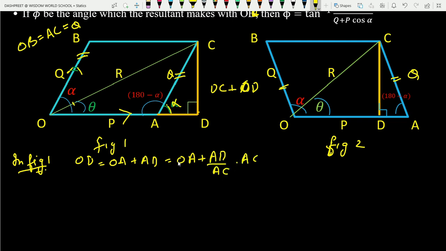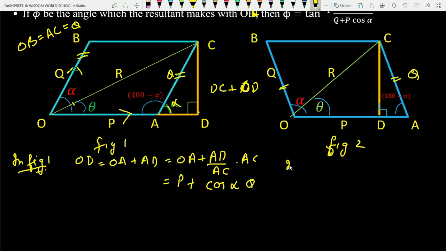The value of OA is P, so this can be written as P plus AD by AC into AC. AD is the base of triangle ADC, and AC is the hypotenuse in this triangle. So AD by AC, base upon hypotenuse, is cos alpha, and the value of AC is Q.